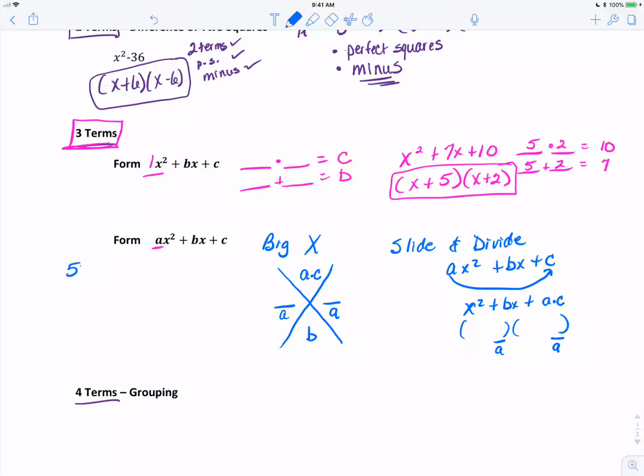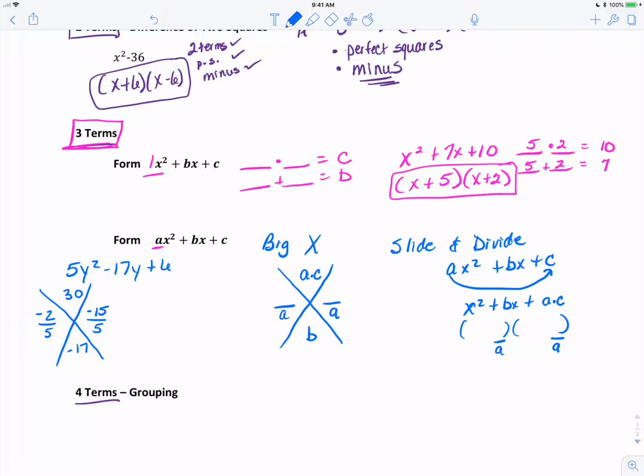I think this one works: 5y squared minus 17y plus 6. Well, you know I'm going to do big X. You can follow along doing your slide and divide. 5 times 6 is 30, adds up to be negative 17. Then divide by the a term, which is 5. So that makes negative 2 times negative 15.